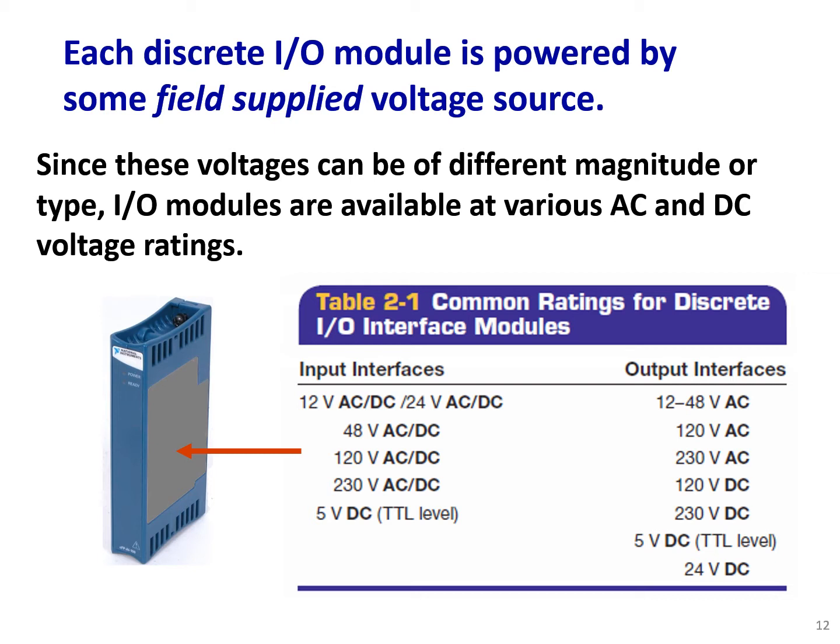So we could have AC or DC voltage, and you see that we could have a wide range of voltages, let's say from 12 to 230 volts, AC and DC for the input and output interfaces. So we should be selective of our output card and see what voltage we need for that input or output device.